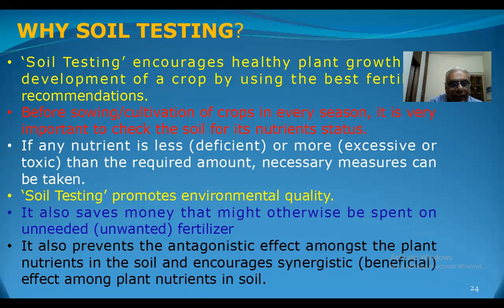So soil analysis is very important, not only for maintaining soil fertility and sustainability for a longer time for the present and next generation, but also to save money. It also prevents the antagonistic effect among plant nutrients in the soil and encourages synergistic beneficial effects among plant nutrients in soil.